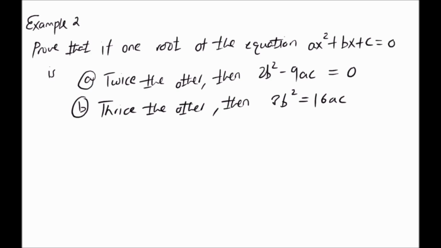Part B says prove that if one root of the equation is thrice the other, then 3b squared is equal to 16ac. So this time one root is 3 times the other. So beta this time equals 3 alpha. The sum of roots, alpha plus beta, where beta is 3 alpha, is negative b over a.